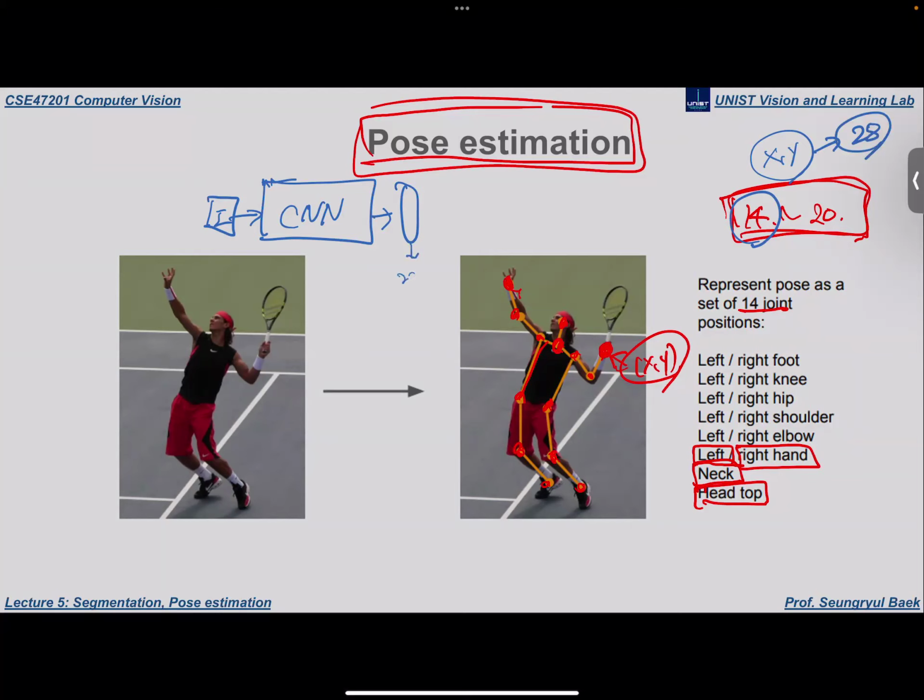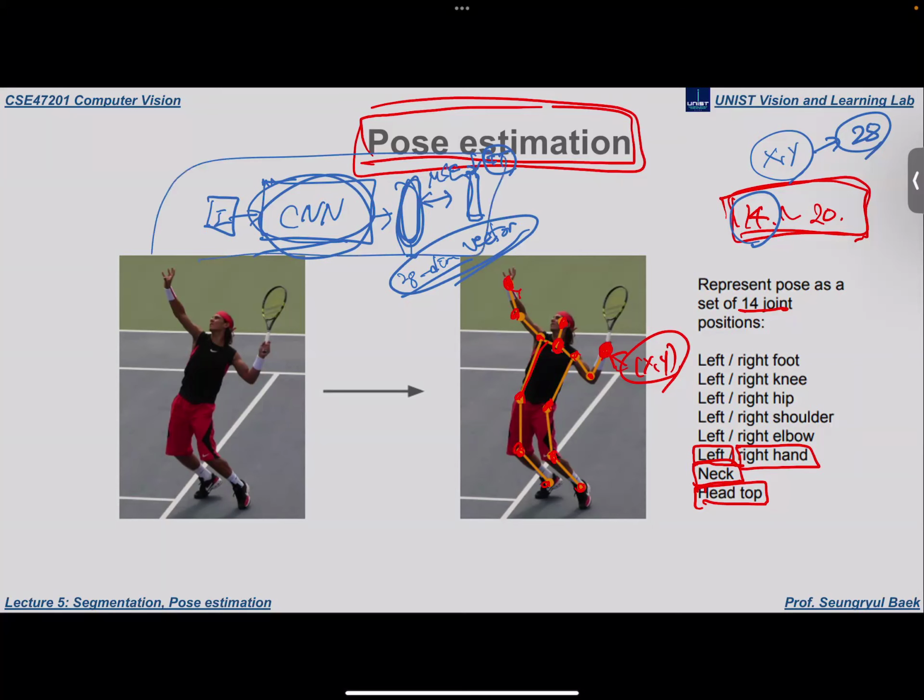We will estimate a 28-dimensional vector, and we will use some MSE loss, okay? And we have to collect our ground truth by ourselves, maybe. We can train this CNN to output this kind of vector, which indicates the XY coordinates of the landmarks, okay?